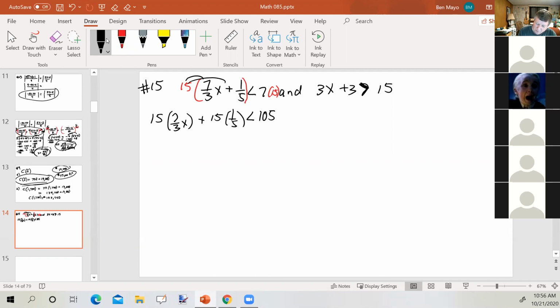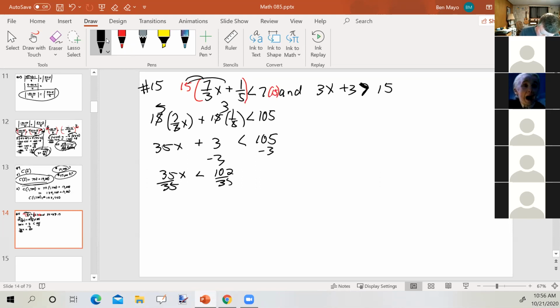Okay, going through and simplifying, 15 over 3 is 5, so I get 35x plus 15 over 5 is 3, plus 3 less than 105. Subtract 3 from both sides, 35x less than 102.